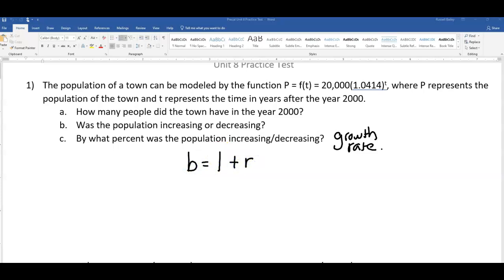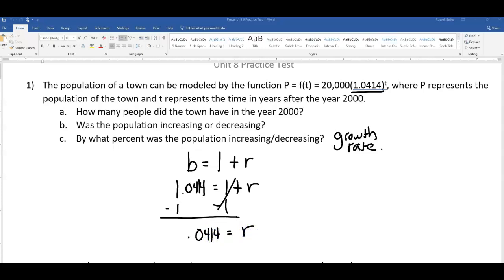When I'm looking for the growth rate, I like to just stick with plus. B is our growth factor. To find our growth rate, we just subtract 1, and that will be 0.0414.